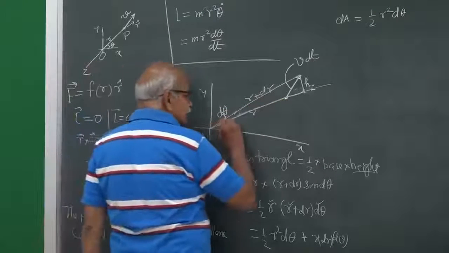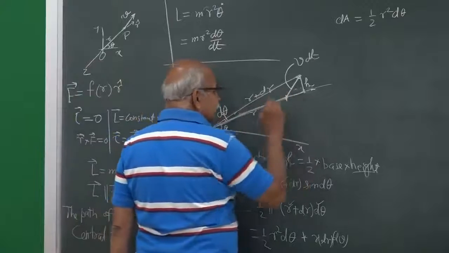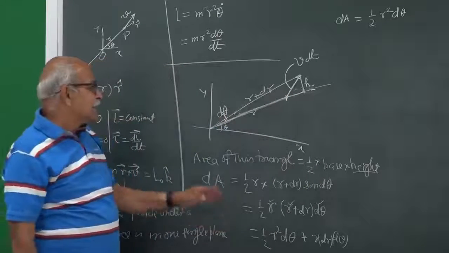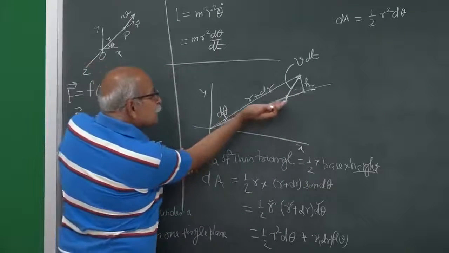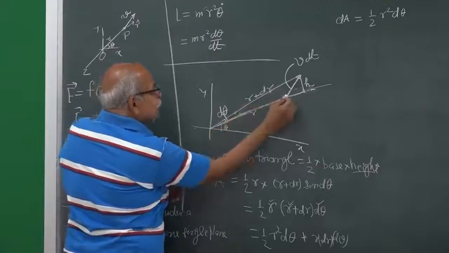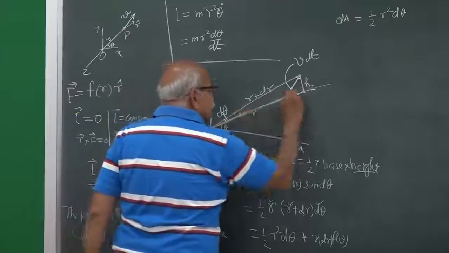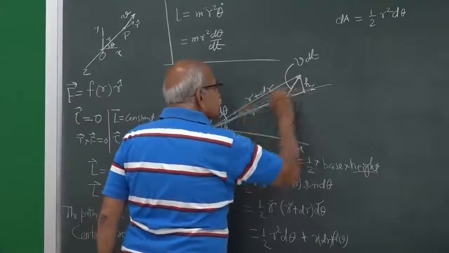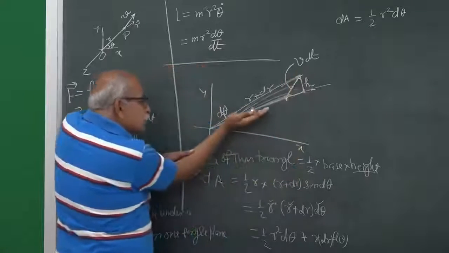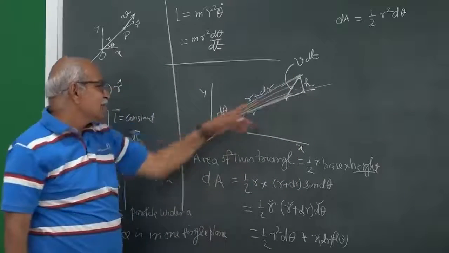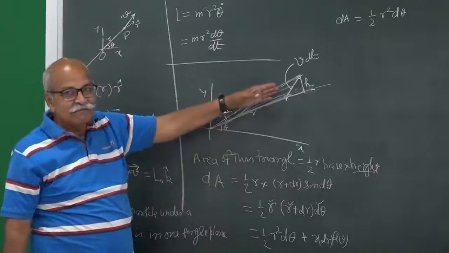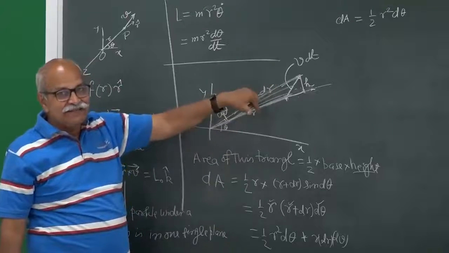This was the radius vector. Suppose the particle is going along this path, but you draw this radius vector from each point of this path. So, as if this radial line is sweeping this area in time dt.